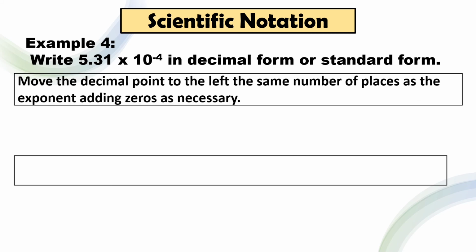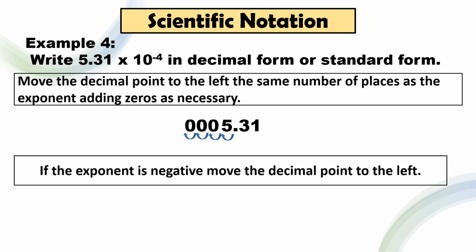So, same rule, move the decimal point to the left kasi negative yung exponent natin, the same number of places as the exponent, adding zeros as necessary. So, we have 5.31, i-move natin yung decimal point natin to the left and then replace 0. Now, if the exponent is negative, move the decimal point to the left.